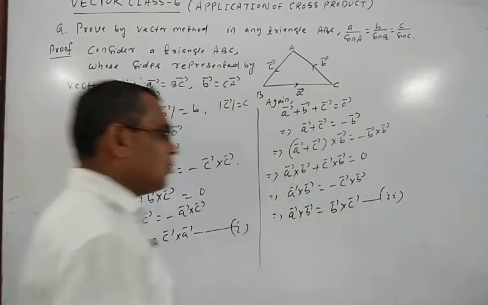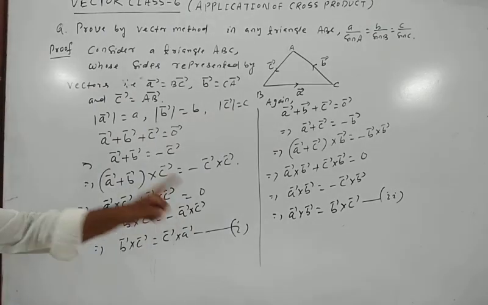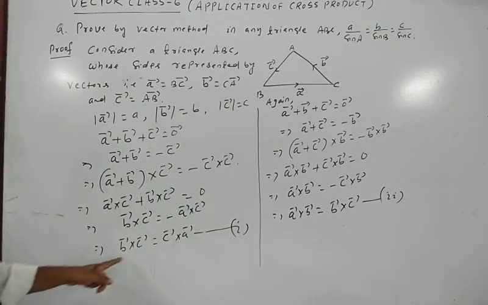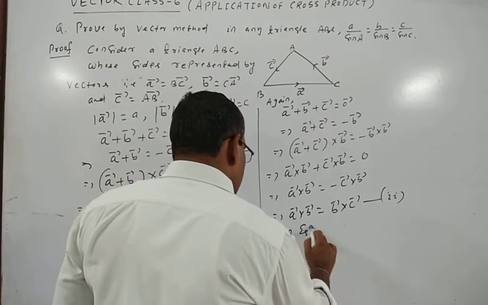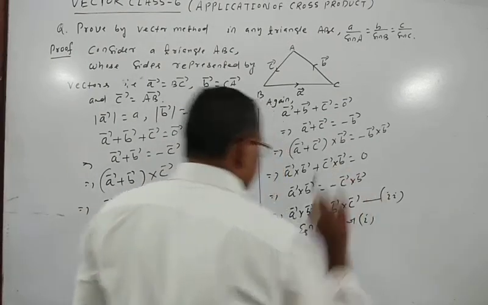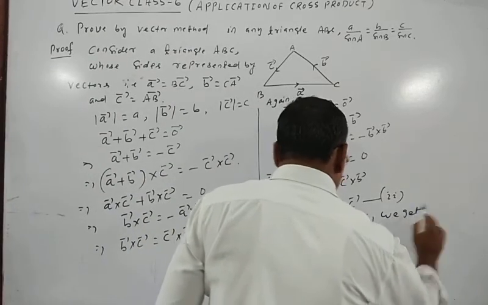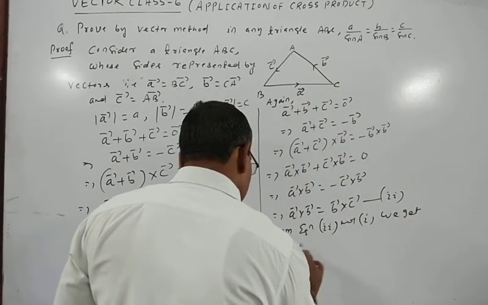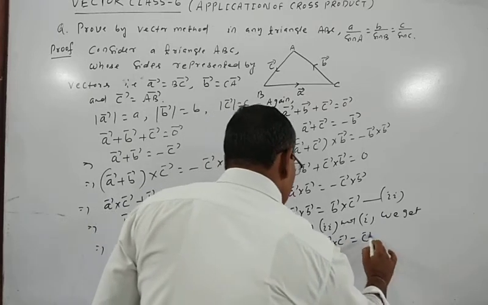So from equations 1 and 2, a cross b is equal to b cross c, which is equal to c cross a.